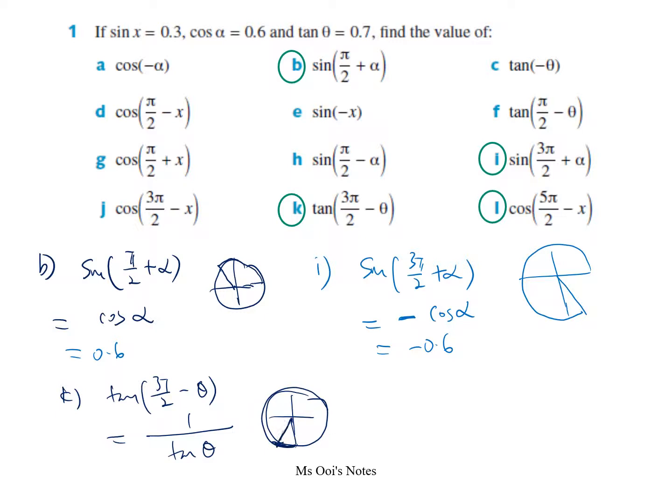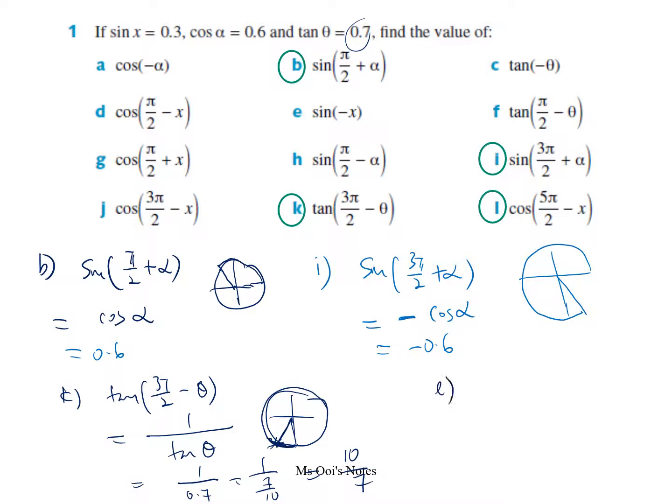So that should be the position we're looking at, and it's in the third quadrant. In this quadrant tangent is positive. So it's 1 over 0.7, which is 1 over 7 on 10, which is equal to 10 divided by 7.